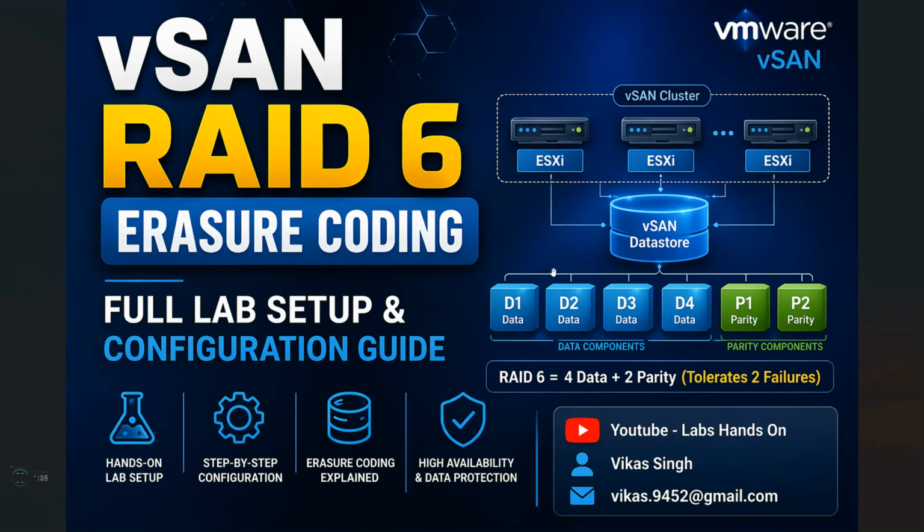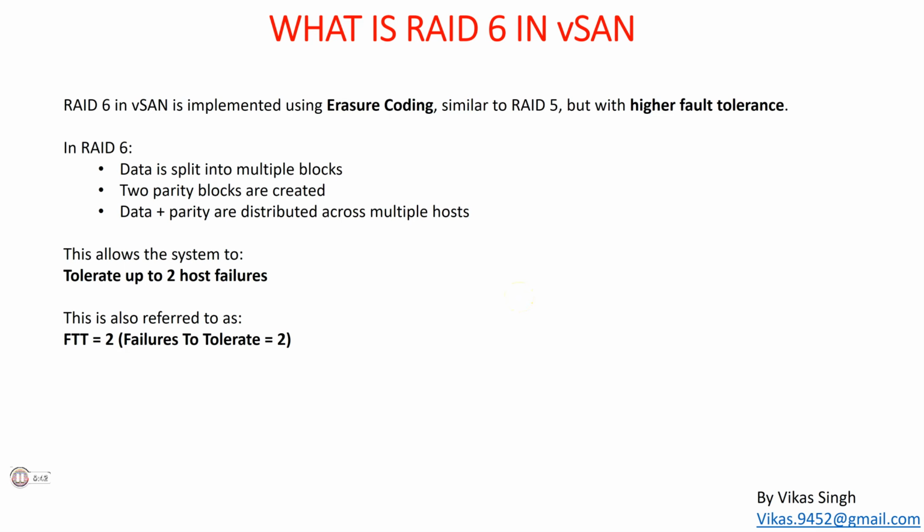Start with the very basic question: what is RAID 6 in vSAN? RAID 6 in vSAN is implemented using erasure coding, similar to RAID 5, but it has higher fault tolerance.